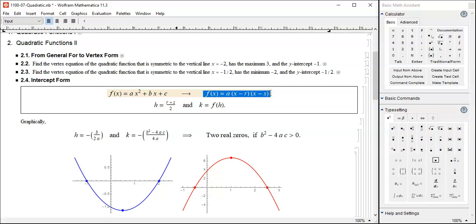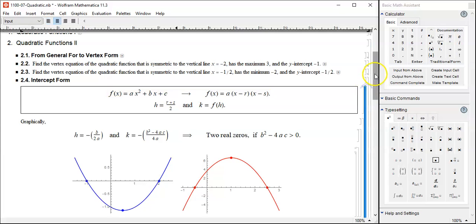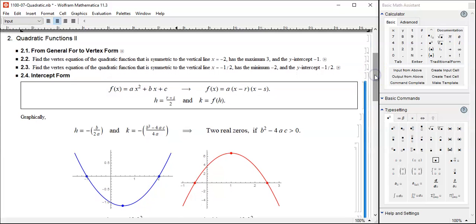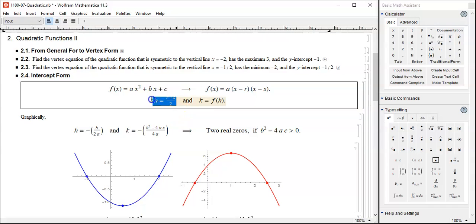Moreover, from these few pictures, let's apply some symmetries. Symmetric with respect to x equals h, the vertical line, the line running through the vertex. So the vertex must be right in the middle. That's how I'm getting h equals (r plus s) over 2, right in the middle of r and s.